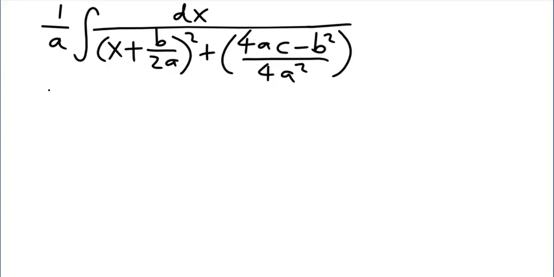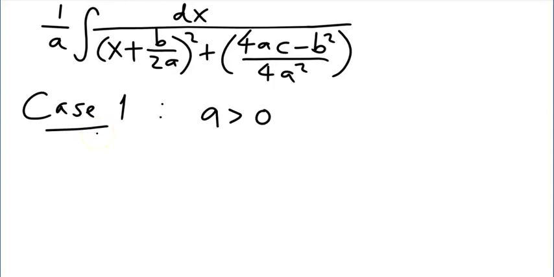So the first case is when a is positive and 4ac minus b squared is also positive.